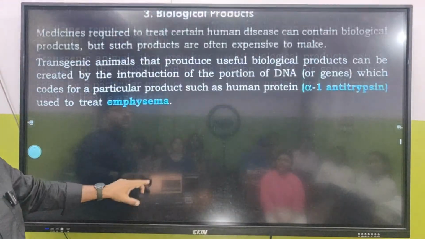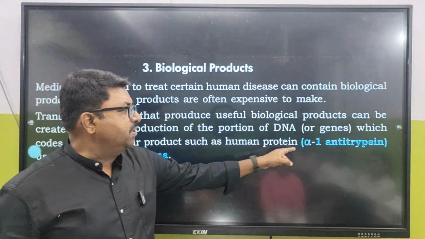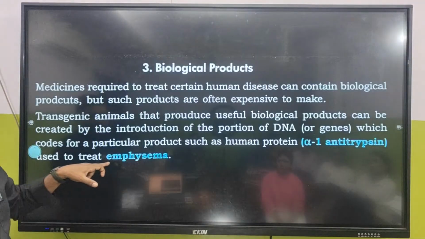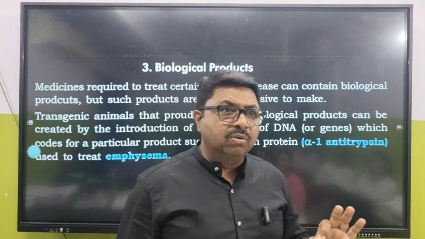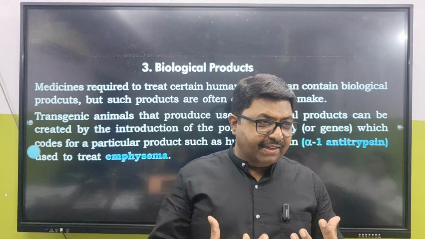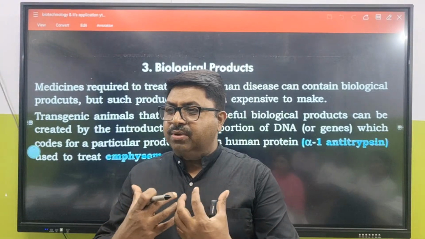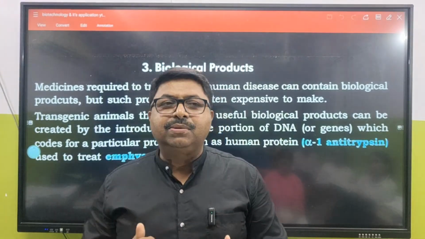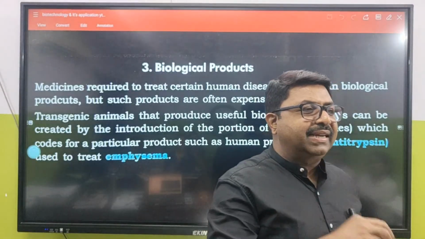There is another one, called alpha-1 antitrypsin. This is a particular protein to treat emphysema of the lungs. I think you know what that is. The alveoli get linked together, and in a person who smokes, nicotine activates that enzyme.